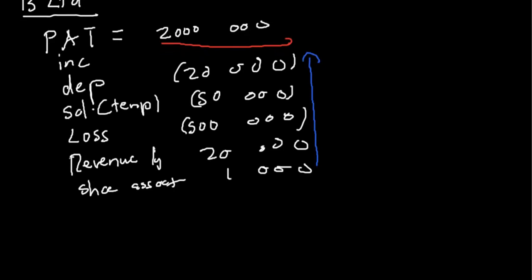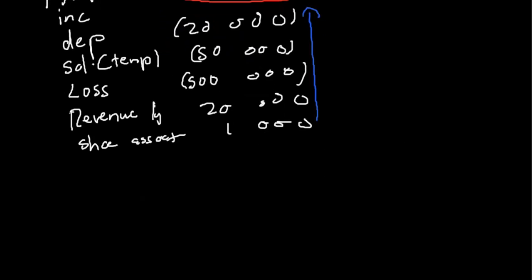Now, we're also told that the company is unlisted, right? So we know that because the company is unlisted, we then have to look at a comparable listed entity ratio.